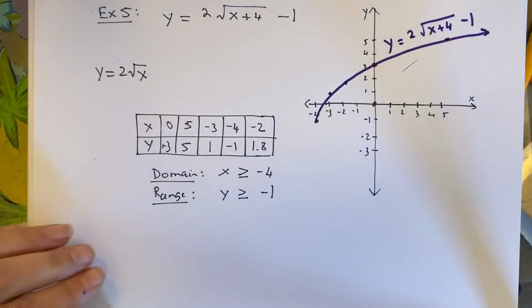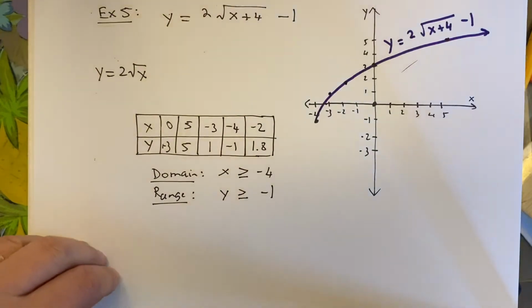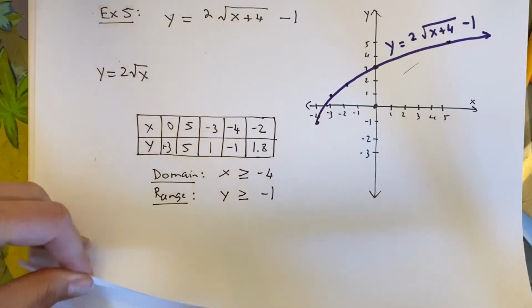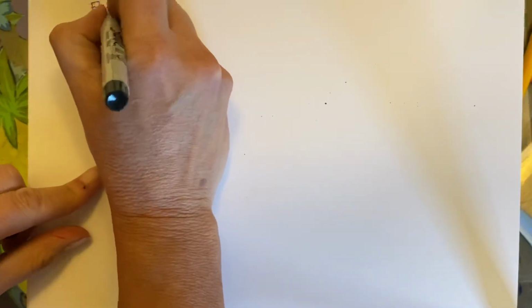The last problem we're going to look at is example 6, and this is a real world problem. Example 6, they're going to call microphone sales.